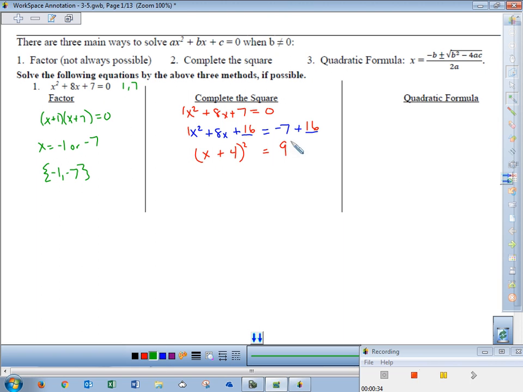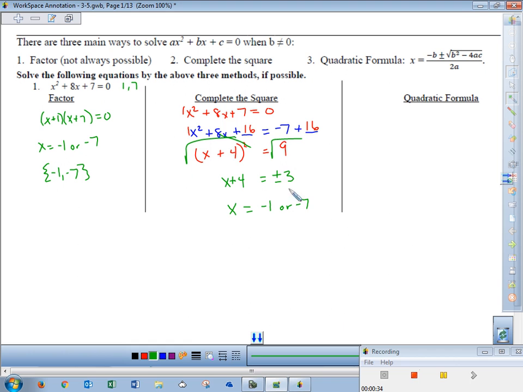And now we use the square root method to solve. We could square root both sides, and that would give you x plus 4 because the square and the square root cancel each other out. And then the trick to completing the square is you'll get a plus or minus over here, and the square root of 9 is a 3. And now we just got to subtract 4 from both sides. So x will equal negative 4 plus 3, which is a negative 1, or negative 4 minus 3, which is a negative 7, right?